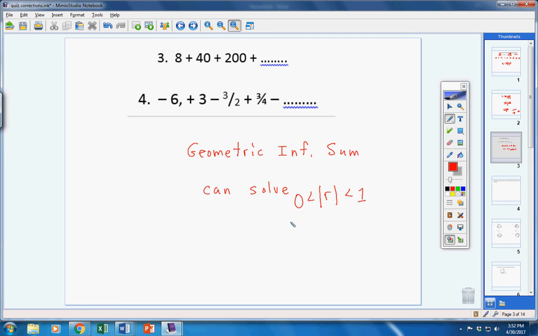It cannot be 0. So the absolute value of your common ratio has to be less than 1 and greater than 0. When that happens, you can solve it. Got it? If your common ratio does not fall in that domain, then you can't solve it.